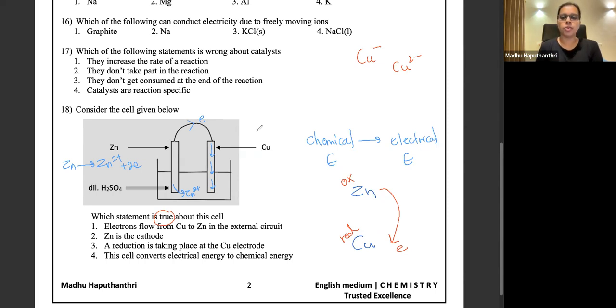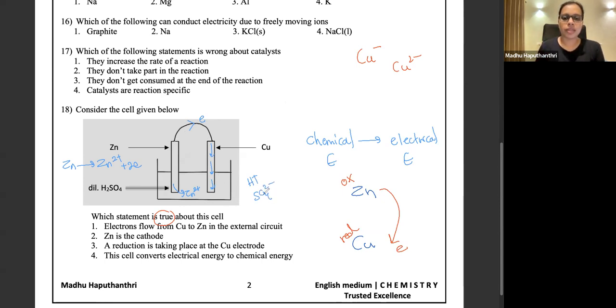Cu minus, Cu2 minus, such ions are not there. So when this electron flow comes down, a species from the medium has to accept the electrons. Who are the species in the medium? This is dilute H2SO4. So in this medium, you have H plus and sulfate.